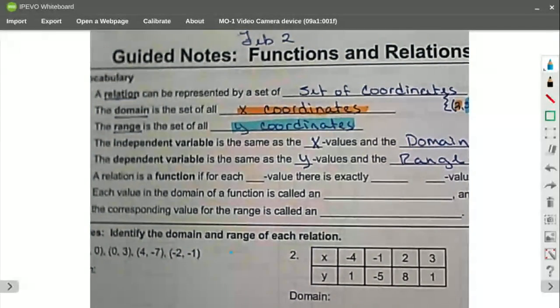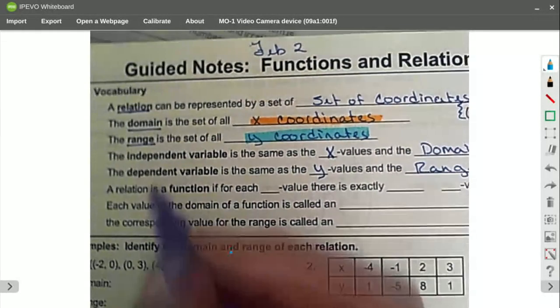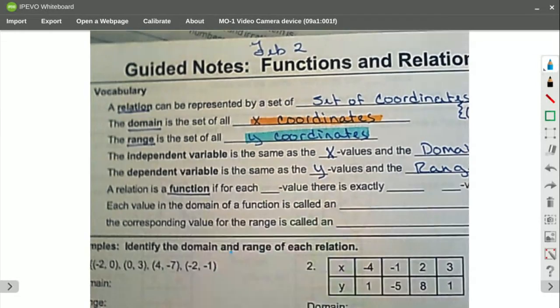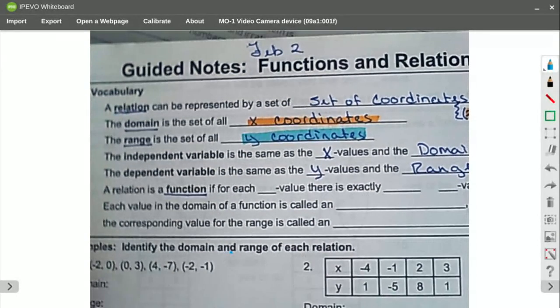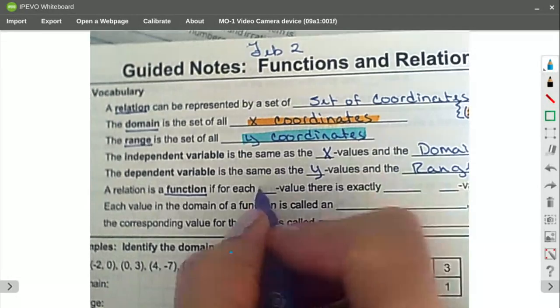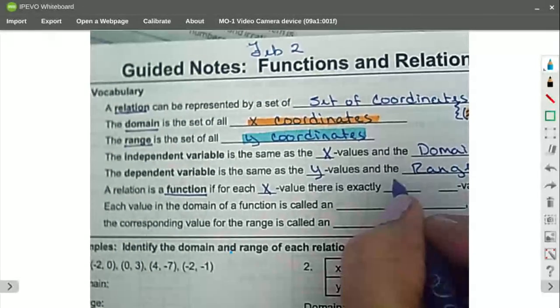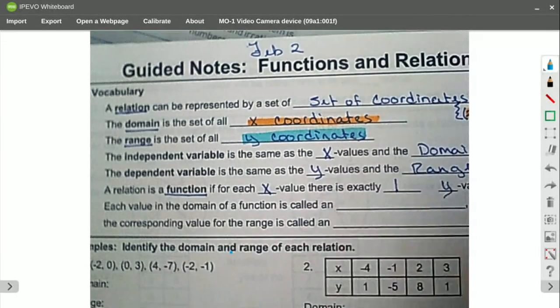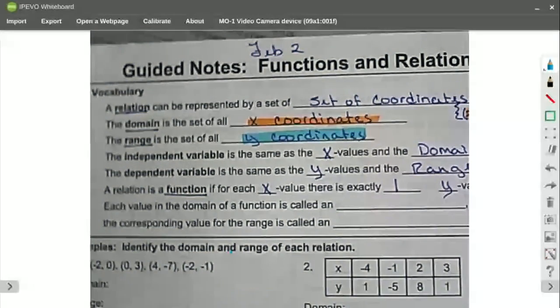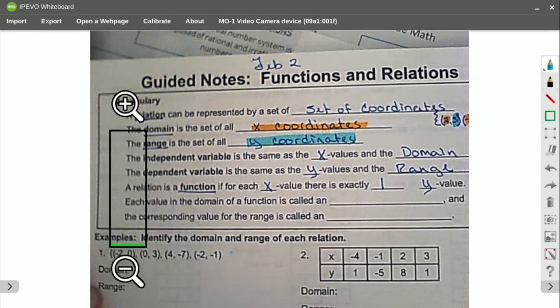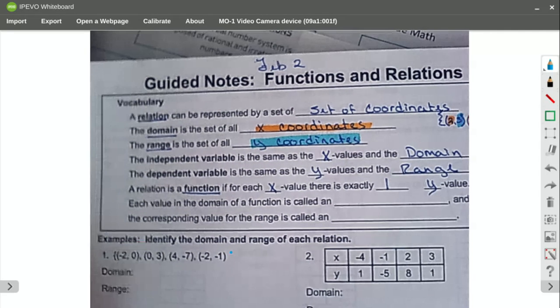Okay, a relation is a function. Remember, we got that word today. Function: for each x value, there is exactly one y value. So I can't have an x matched up with a 2 and an x matched up with a 3.